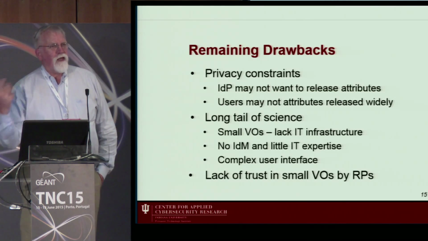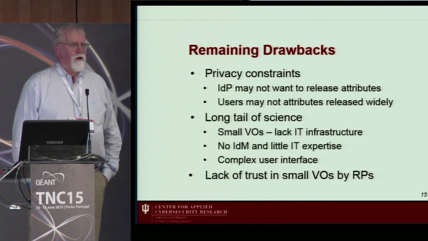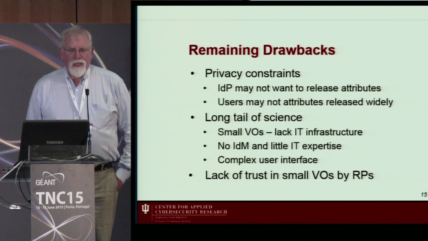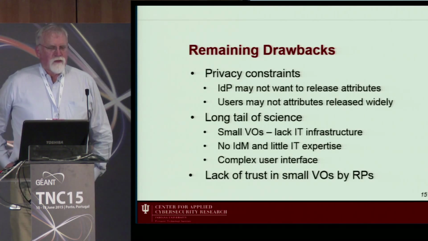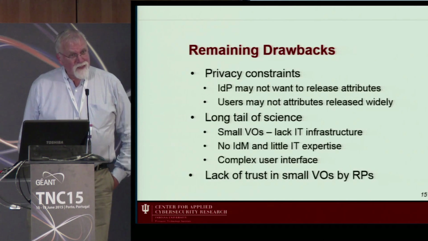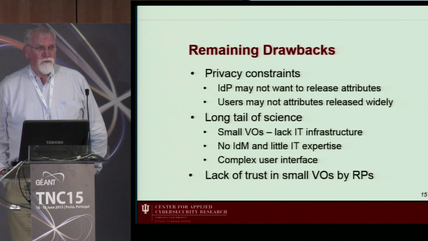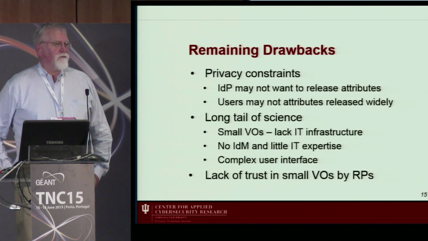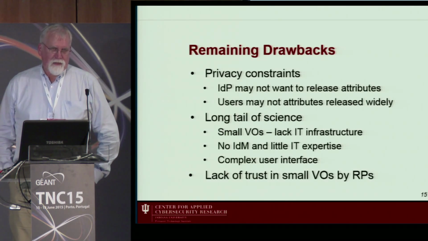Now, what we found is there still remain some drawbacks. So, for instance, IDPs may not want to release attributes. The users may not want these attributes released, at least not released very widely. There's also this long tail of science that's been talked about.